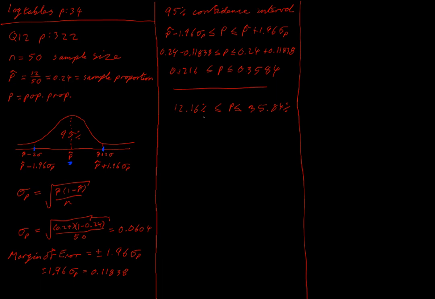So that's why I'm lingering on it here. Between 12% and 36% of your total boxes of tomatoes have at least one rotten tomato in them, and we are 95% confident of that, and the 95% comes from this plus or minus 1.96 times the standard deviation.